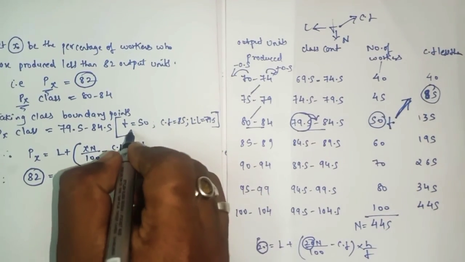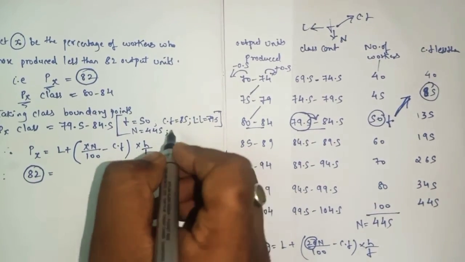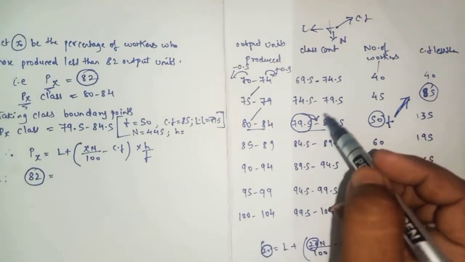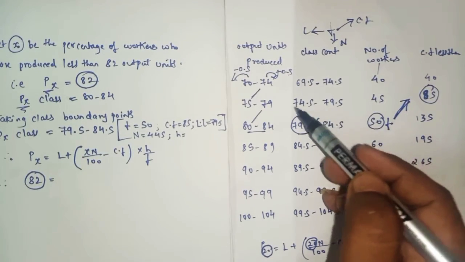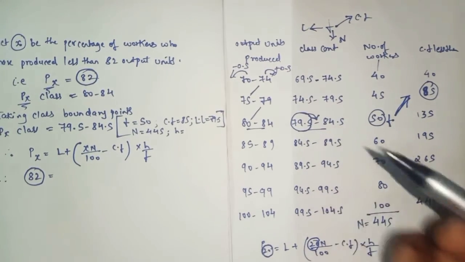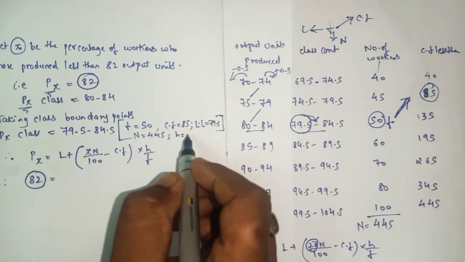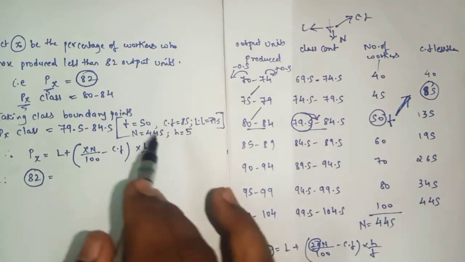N is 445. H will be the width of the class for the continuous class. Just check. You will get H as 5.